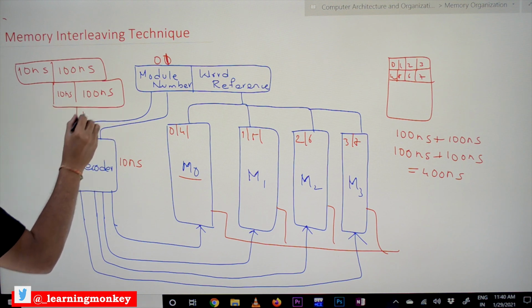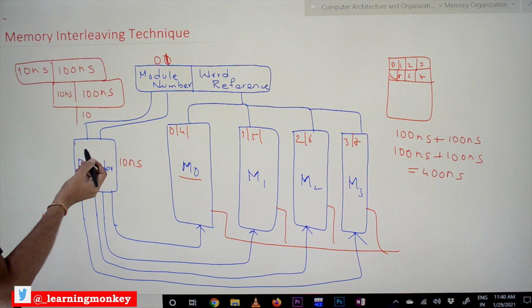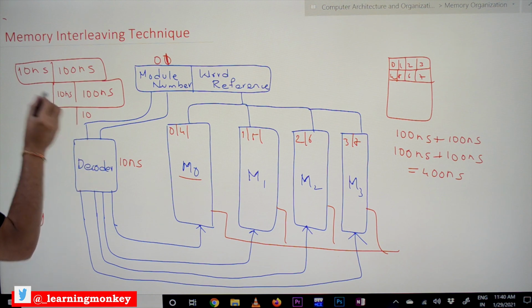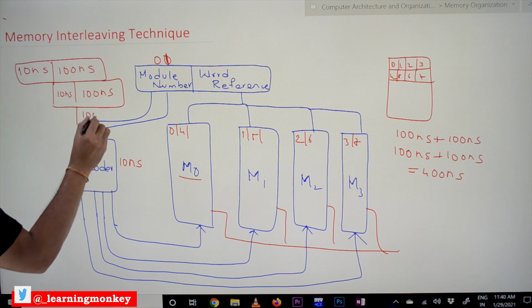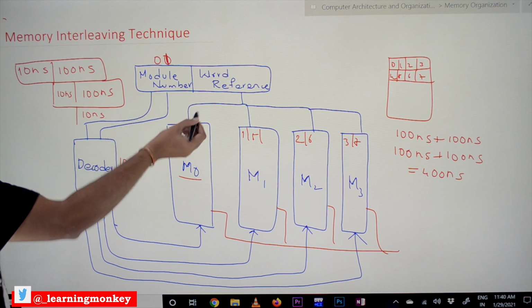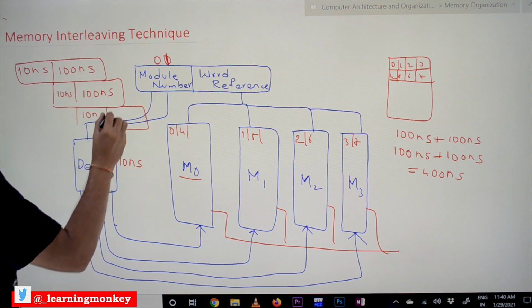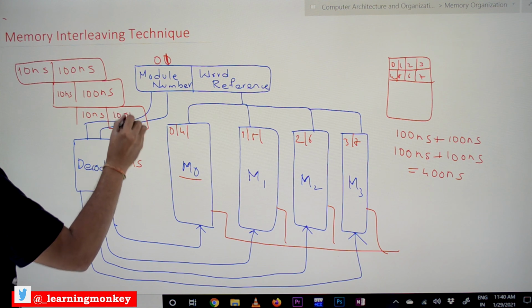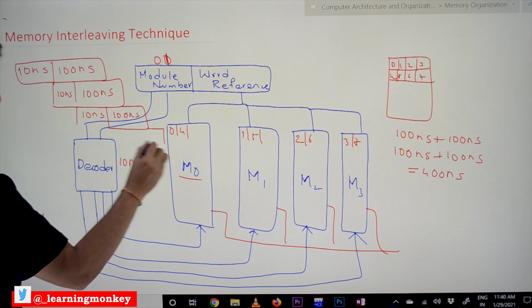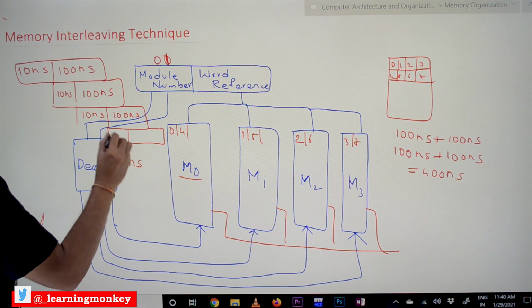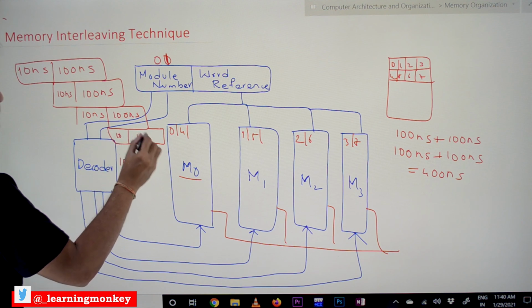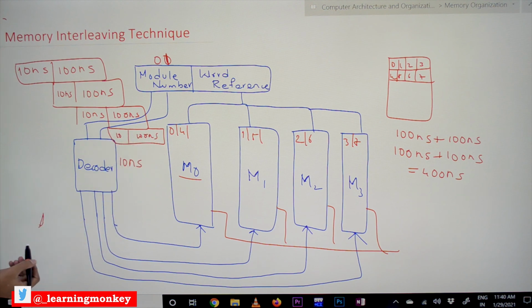And similarly, after 20 nanoseconds, means after these 10 nanoseconds and these 10 nanoseconds, the next module will get activated, and this is going to take 100 nanoseconds. Similarly, 100 nanoseconds here and 10 nanoseconds here. So this is how the memory interleaving technique will work.